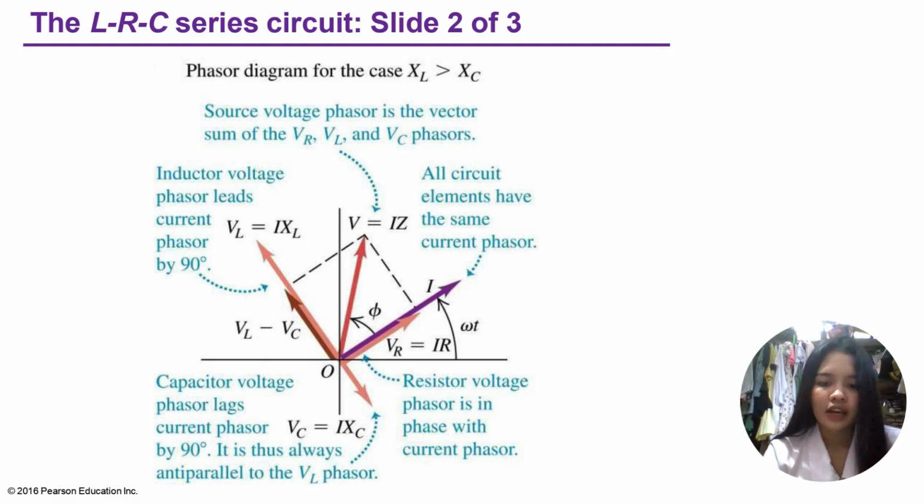The inductor voltage phasor leads the current phasor by 90 degrees, while the capacitor voltage phasor lags the current phasor by 90 degrees. The resistor voltage phasor is in phase with the current phasor. All circuit elements have the same current phasor because they are connected in a series circuit.